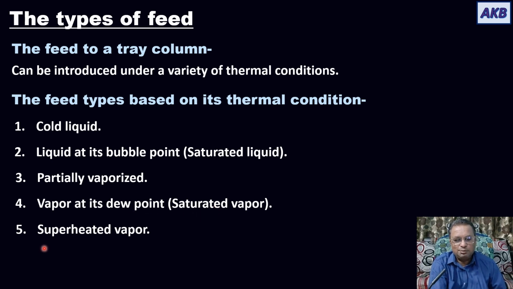And the fifth type of feed could be a superheated vapor. Next, we are going to know more about these 5 types of feeds. We are also going to understand what action occurs on the feed plate as each one of these feeds enters the tray column.